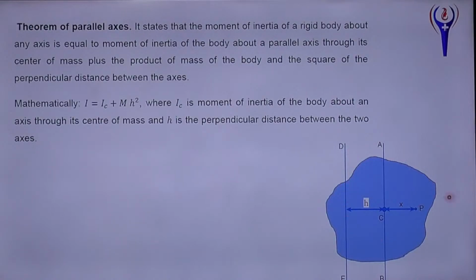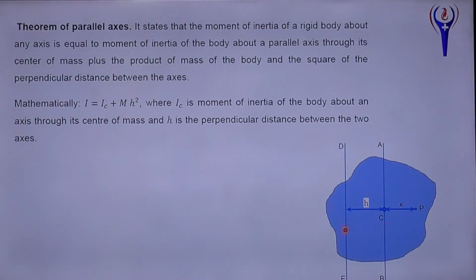As per the diagram, we want to find the moment of inertia of the plane passing through ED. Then this is equal to the moment of inertia passing through the center of mass, that is AB as IC, plus the product of the mass M of the body into the distance between these two.